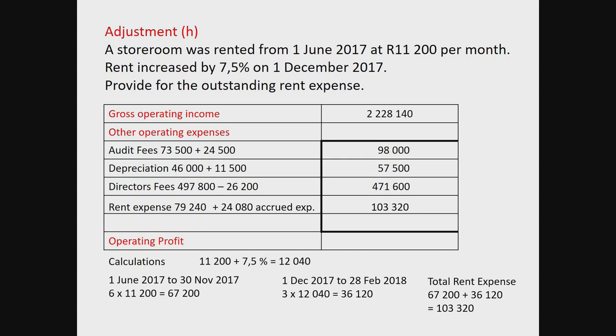Okay, let's just have a look at that and make sure that you update your income statement. Okay, so now we've got rent expense. I think we've covered all the adjustments for the operating expenses section. So learners, while you're busy with updating your income statement, you must now make sure that you write in all the other expenses that didn't have adjustments.